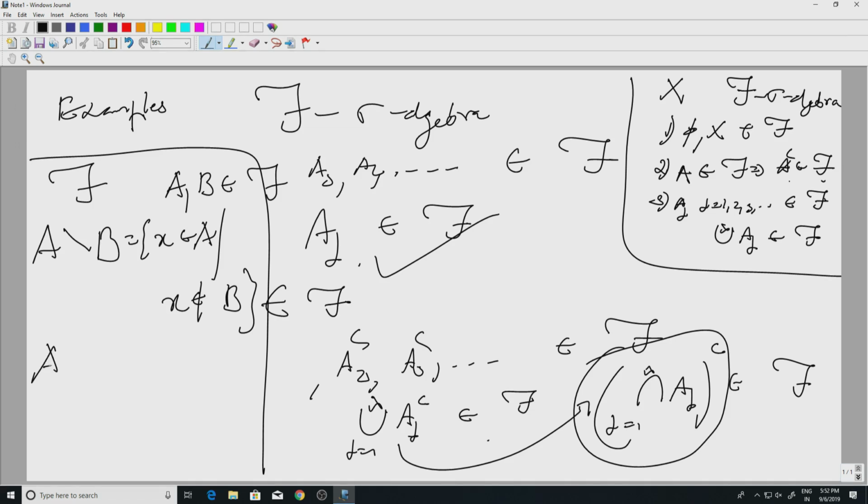A minus B is nothing but A intersection B complement, and A is in script f, B is in script f. So, B complement will be in script f. So, their intersection will be in script f. Remember, the sigma algebra is closed under countable intersections, and you can also take finite intersections or finite unions by taking other sets to be the empty set, or the whole space depending on the case.